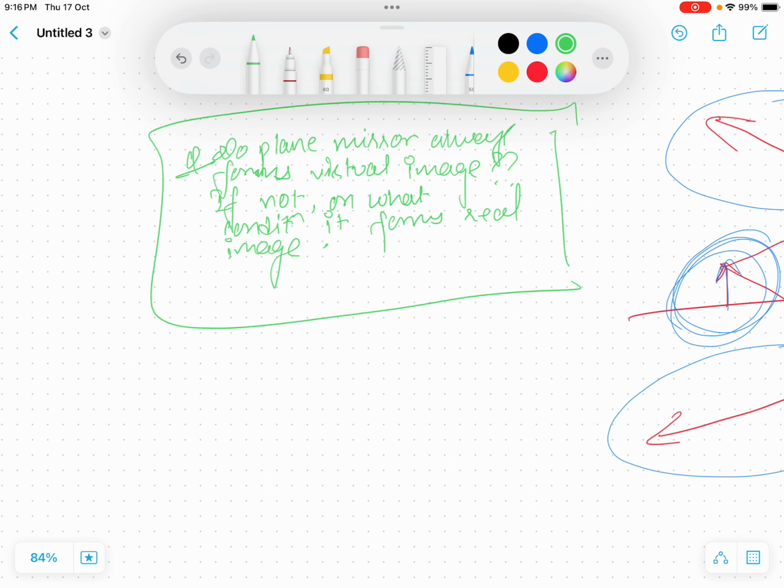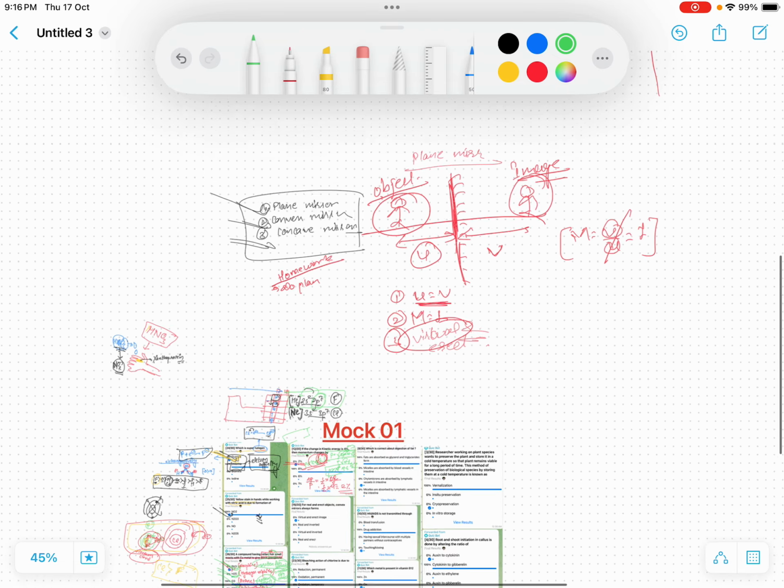If not, on what condition does it form a real image? Do this question as soon as possible.